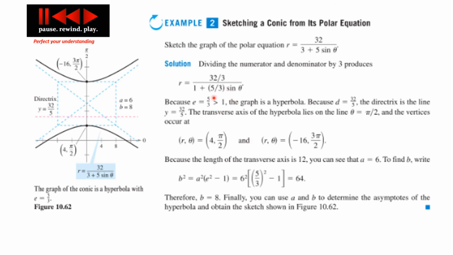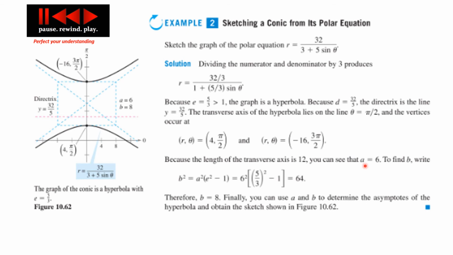After I divide all the way through by the 3, the directrix is going to be at 32 over 5. And so the transverse axis, which goes from here to here, is 4 pi over 2 minus 16. So that tells us that the length of the transverse axis is going to be 12.